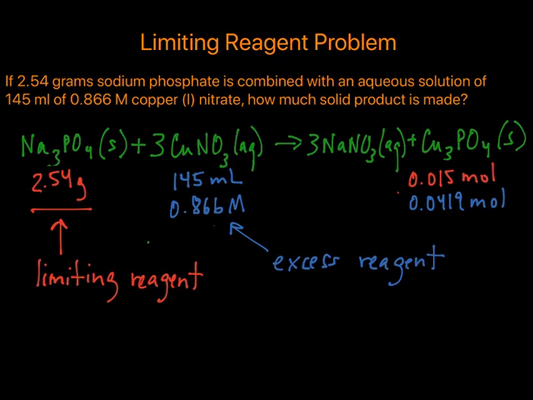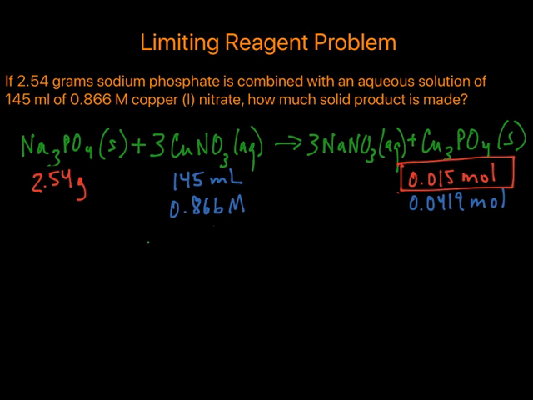So the problem was how much of the solid product was made. So we're not there yet. We now determined that we're going to make this amount of copper phosphate, so we need to turn this amount into mass. To turn that into mass of copper phosphate, we know we have 0.015 moles of copper phosphate.